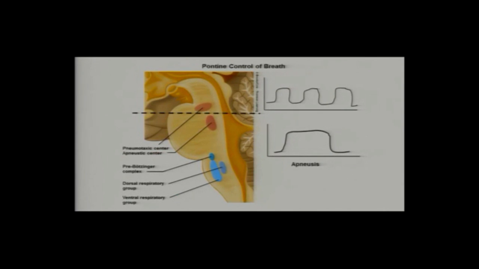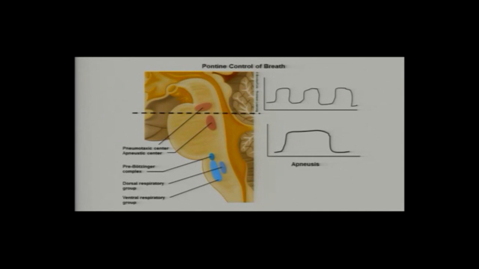Now, there is a breathing pattern described as apneusis. Apneusis is a respiratory pattern that tends to occur when you have severe brain trauma. What it looks like is long gasps followed by short exhalations.